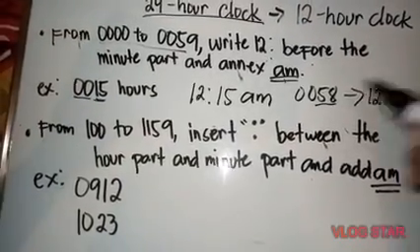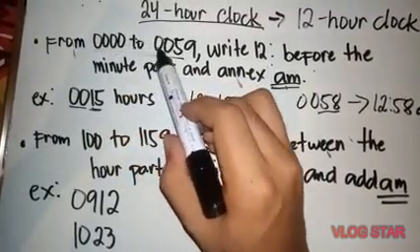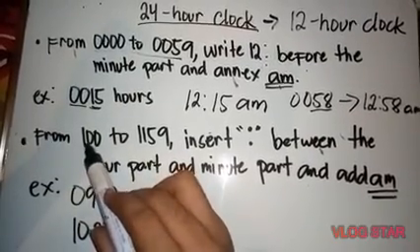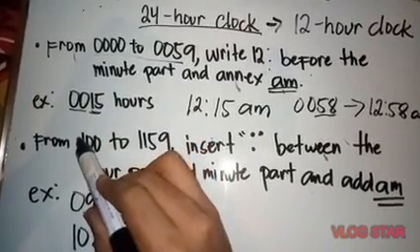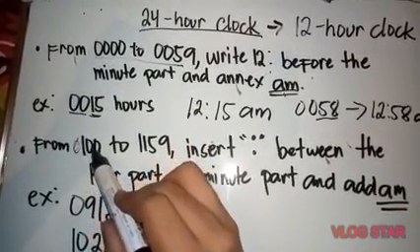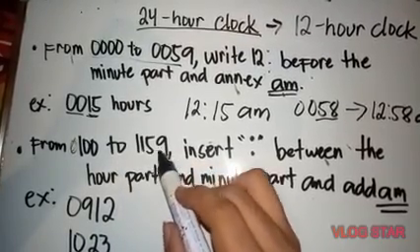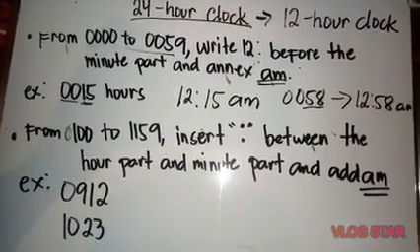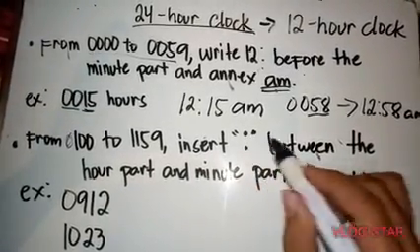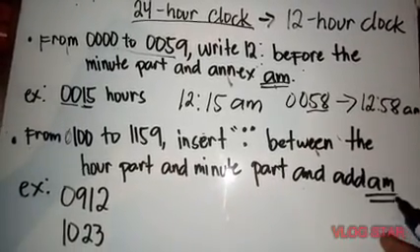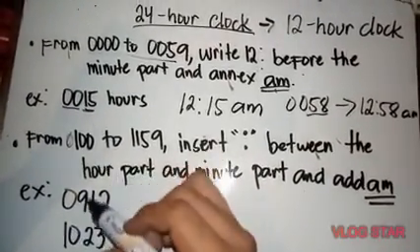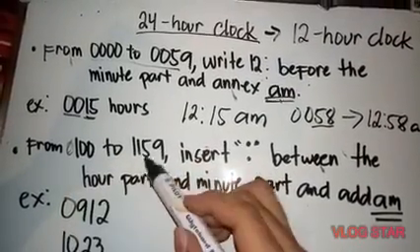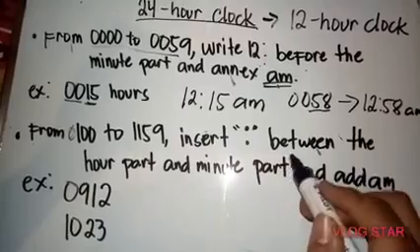So that's it. Next, if the first one is 0000 to 0059, the second part is from 0100 to 1159. In this part, insert this sign between the hour part and the minute part and add AM. For example, 0912 is in this bracket, so we can perform this instruction.